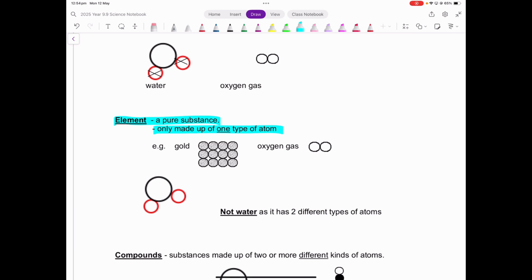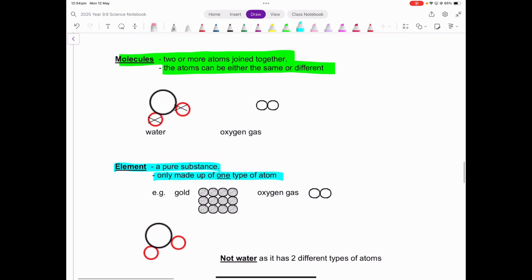Oxygen gas, again, I've only got one type of atom, but how many atoms do I have altogether? So, oxygen and gold are both molecules and elements. Because there's two or more atoms joined together, but they're an element, meaning that they're pure, they're only that one type of thing.